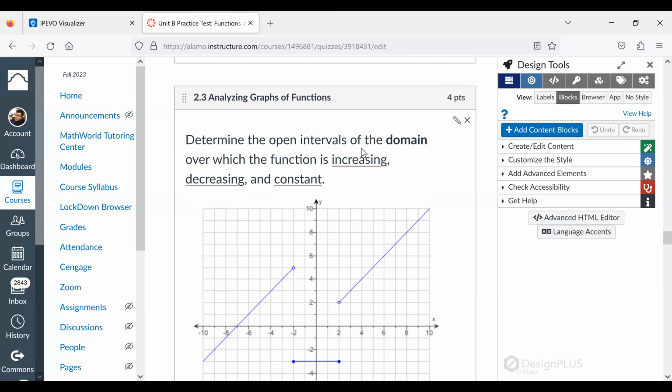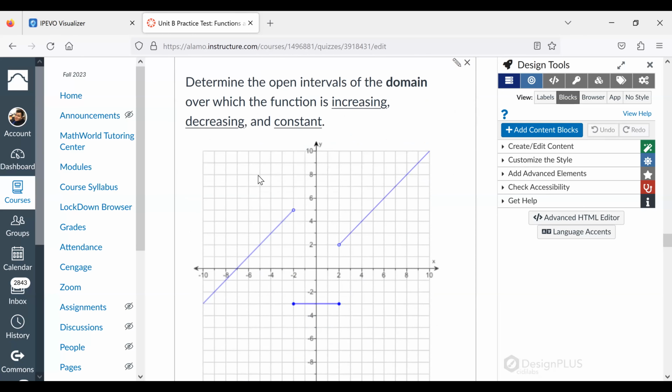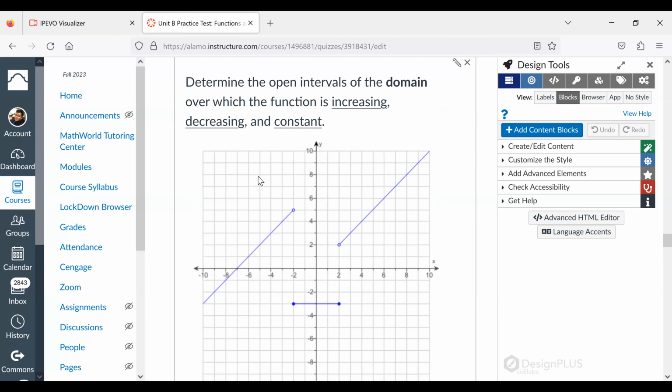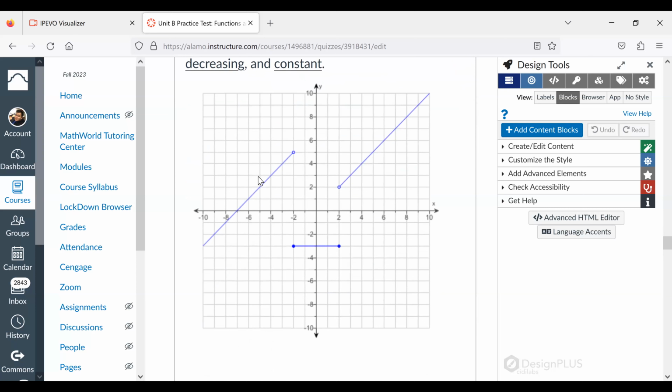Determine the open intervals of the domain where it's increasing, decreasing, or constant. Okay. Given this picture, where are we increasing?